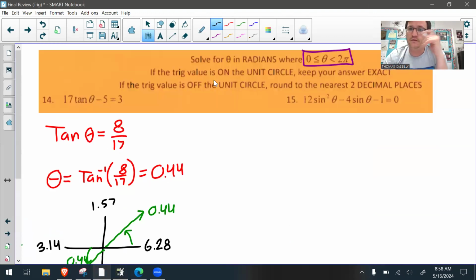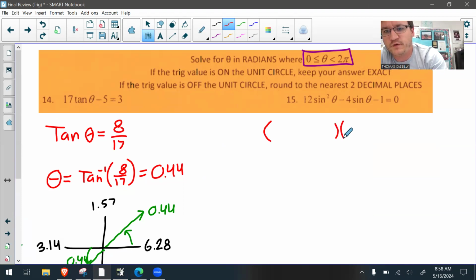All right, on this next one here, this looks like we have some factoring involved. So let's see here. I know it's going to be a factoring problem because we have a sine squared, we have a sine, and then we just have a number. So 1 times 1 is 1, so we know it has to be 1 in that second spot. I'm going to put a 3 sine of theta in the first one, and then I'm going to put a 4 sine of theta in the other one.